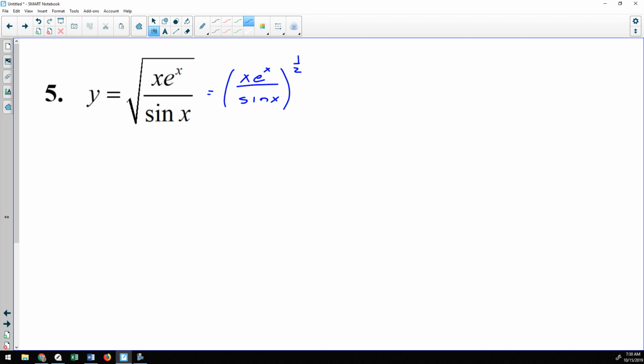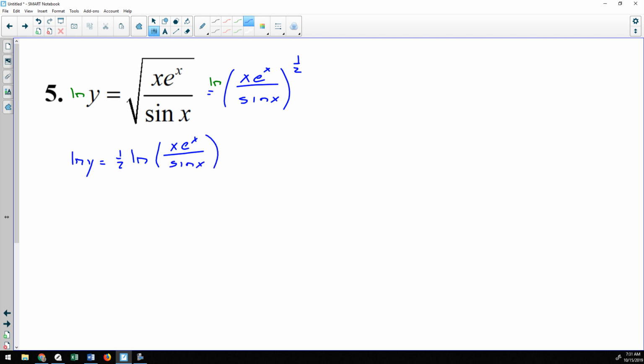That's a lot of layers to a derivative, so I'm going to unlayer that by introducing a natural log to the problem. And when I bring a natural log into the problem, I now can break apart all of this stuff. So I'm going to have the natural log of y is equal to, I'm going to start by bringing down that 1/2, natural log of x e to the x over sine x.